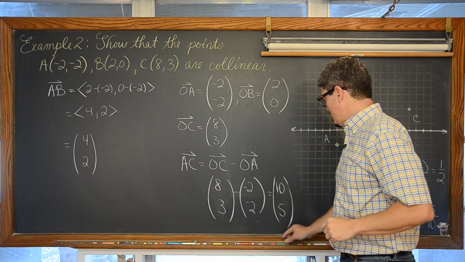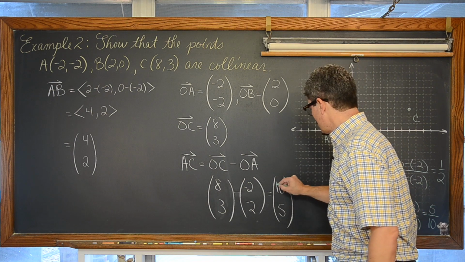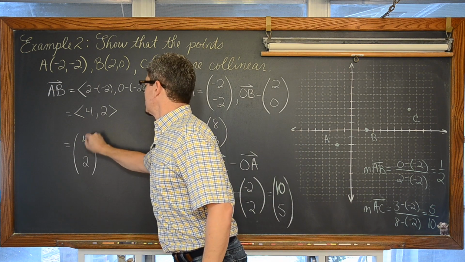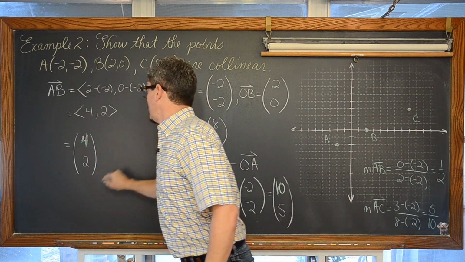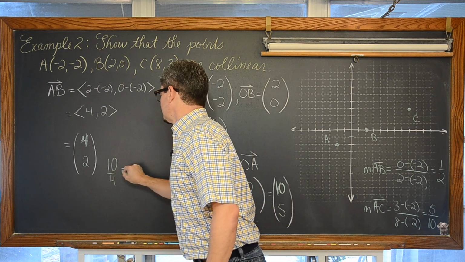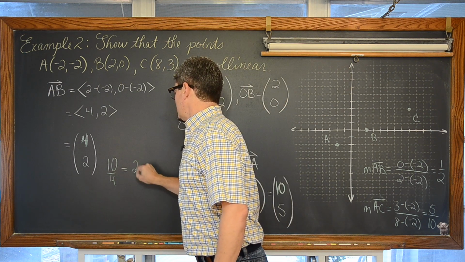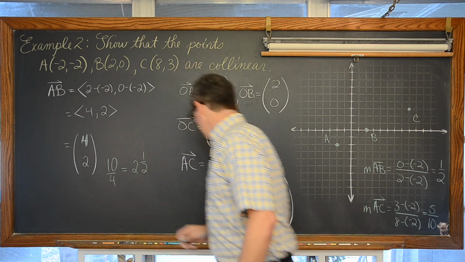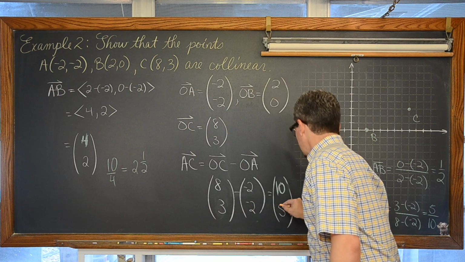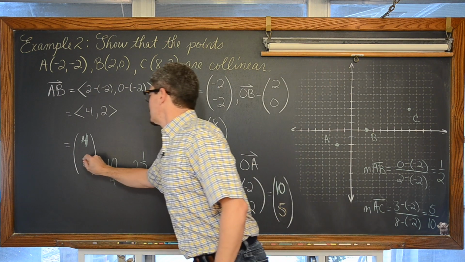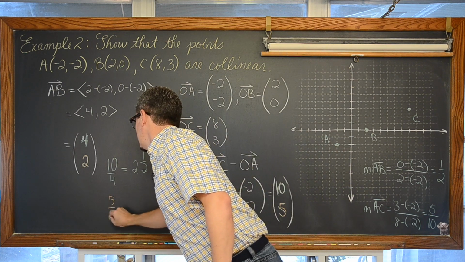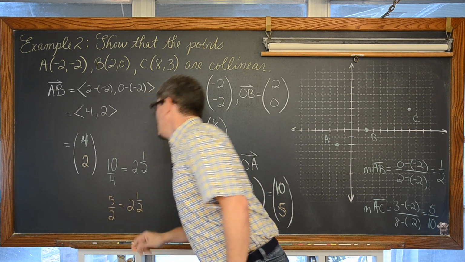So let's do this in green for the movements along the x-axis. We have 10 divided by 4 is equal to 2 and 1/2. And for the components along the y-axis, we have 5 divided by 2, which is again 2 and 1/2.